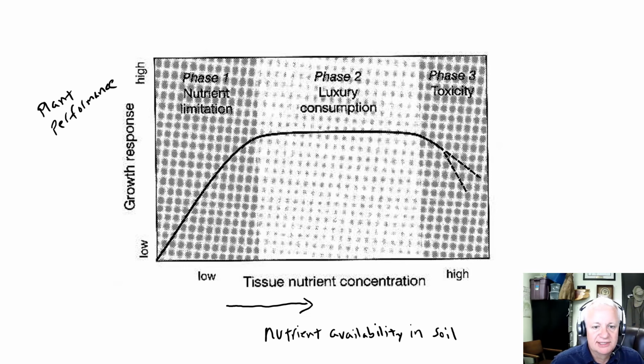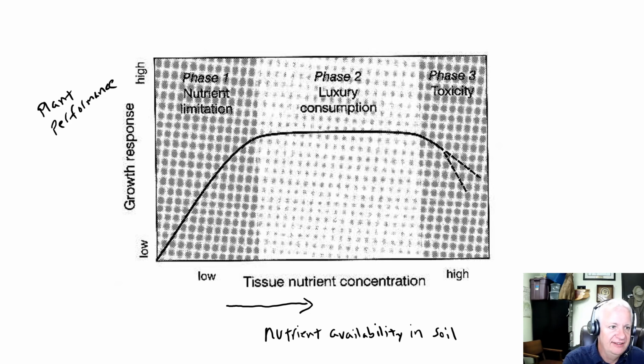So the response of plant function to availability of any particular nutrient, and this is usually thought of as one nutrient at a time, which I'll clarify in a minute, really has three phases.